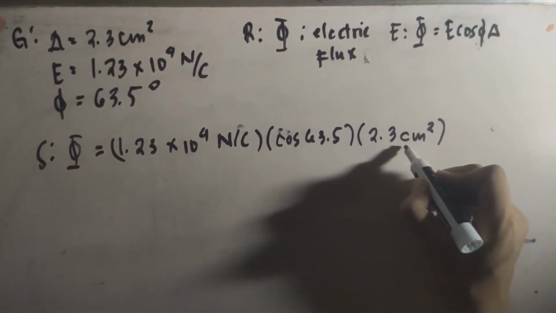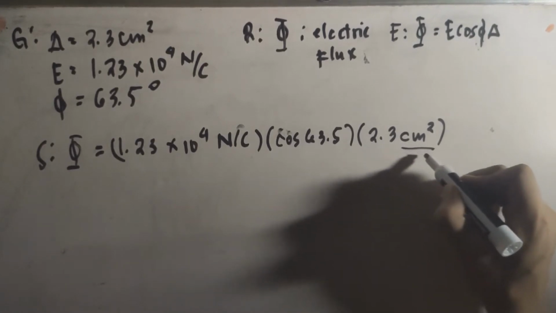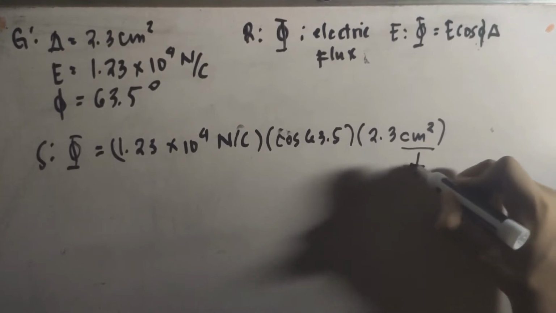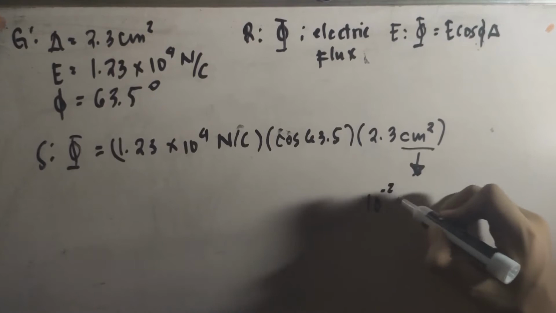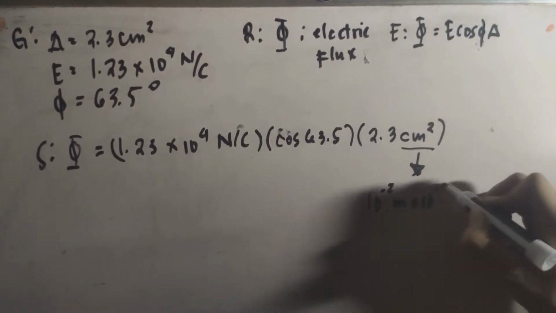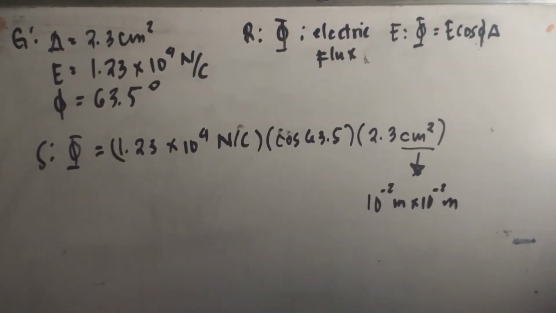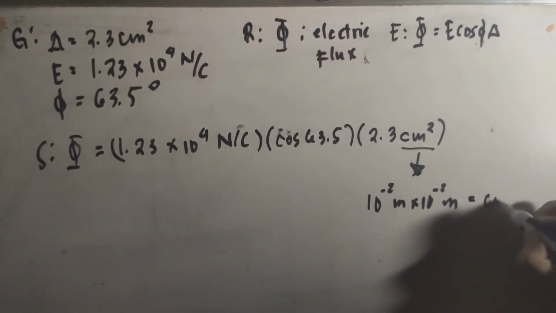So centimeter squared can also mean 10 raised to negative 2 meters times 10 raised to negative 2 meters, correct? Okay, so that's equivalent to cm squared.